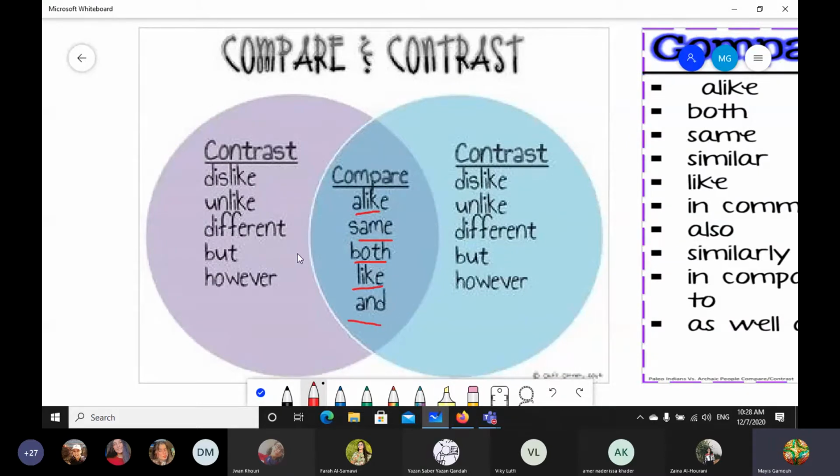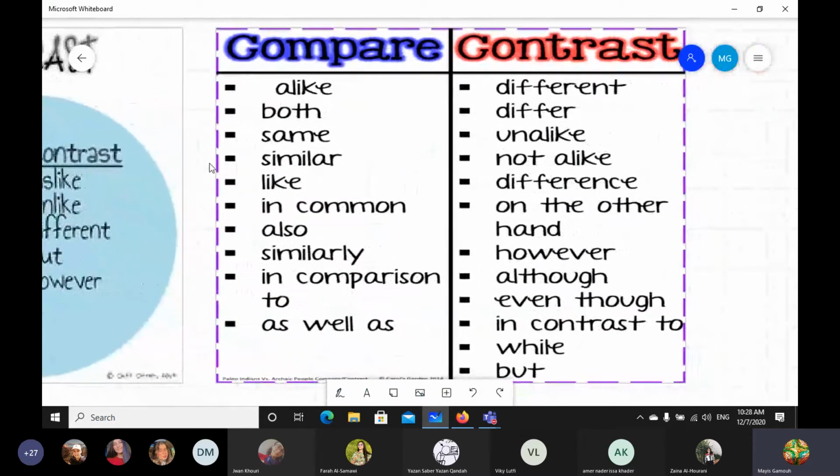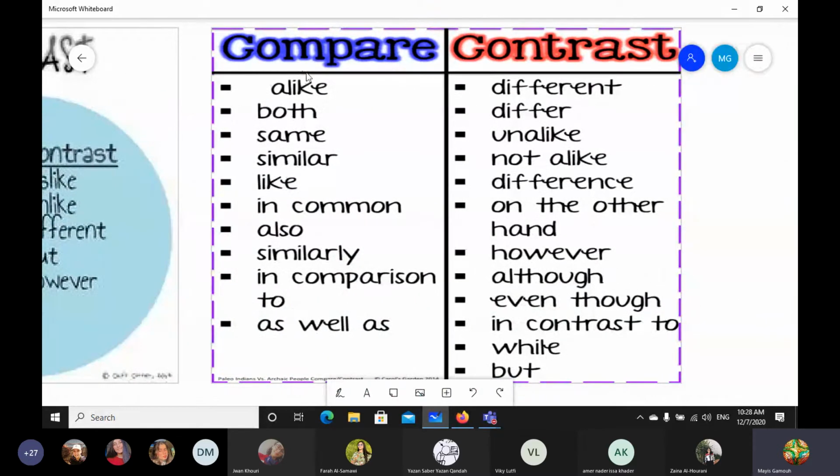And if I want to talk about the differences between two or more things, issues, people, actions, I may use the word dislike, and it's the opposite of alike, unlike, different, but, however. And let's also take a couple more expressions in here.